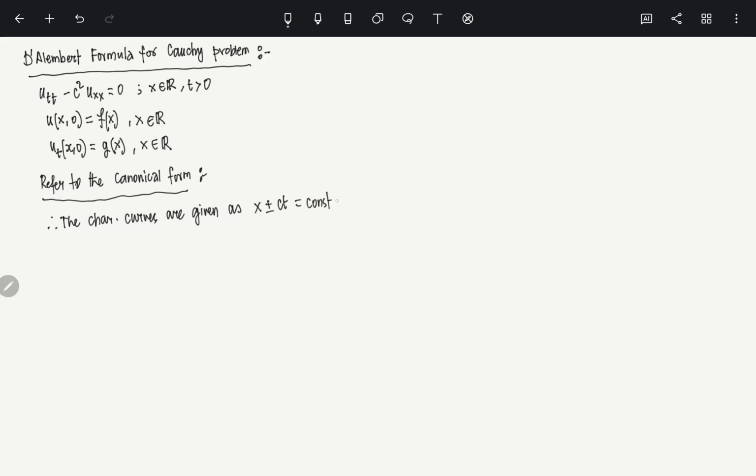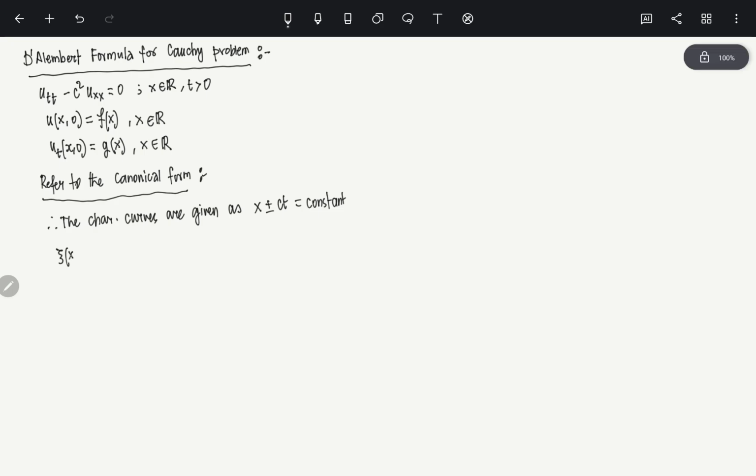Basically there will be two constants: x plus ct equals c1, and x minus ct equals another constant c2. But I am just writing it like this. Clear?